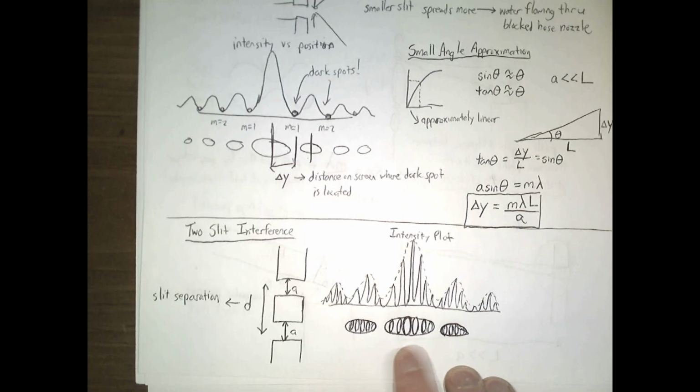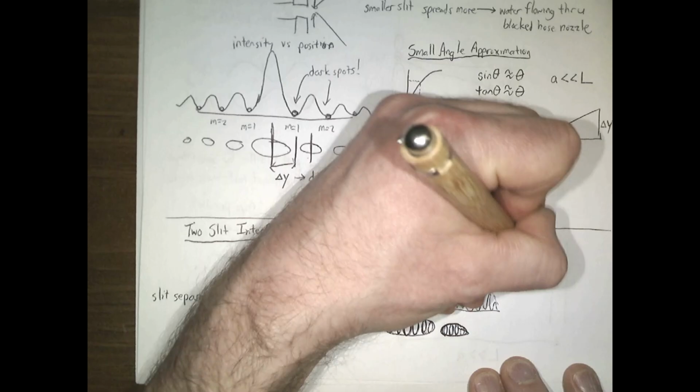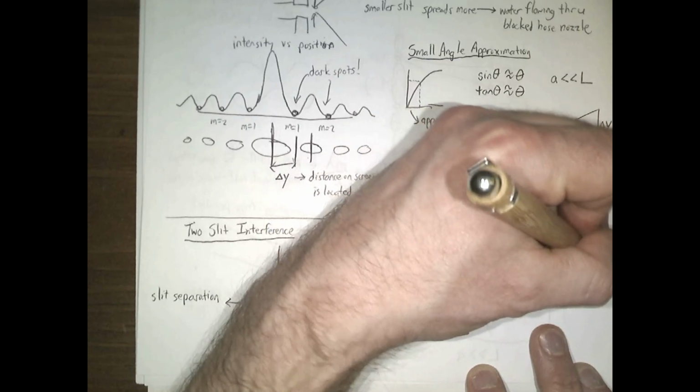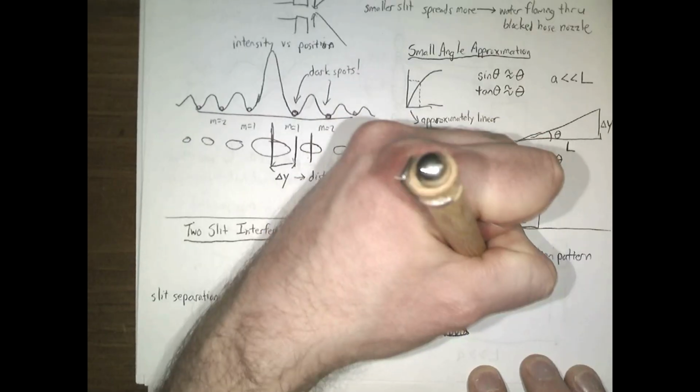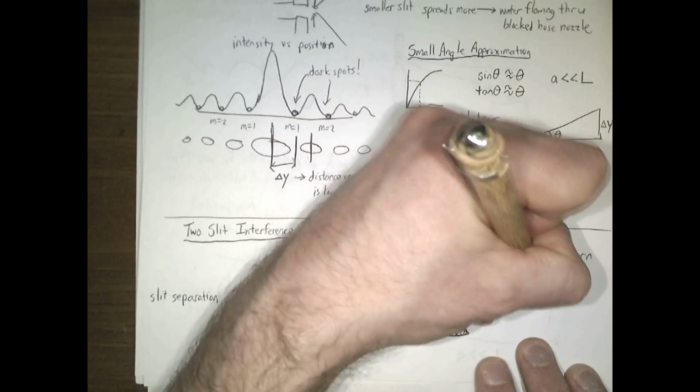These are roughly all the same brightness within each spot. It's just that you will see an overall very large dark spot from diffraction with this finer interference structure inside. So we have an overall diffraction pattern with a finer interference pattern within.